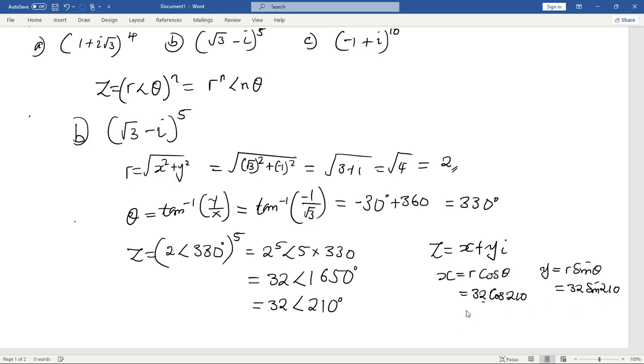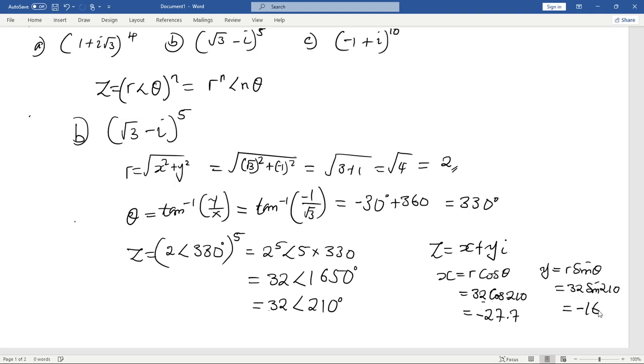Here, 32 cos 210, we get negative 27.7, and 32 sin 210, we get negative 16.